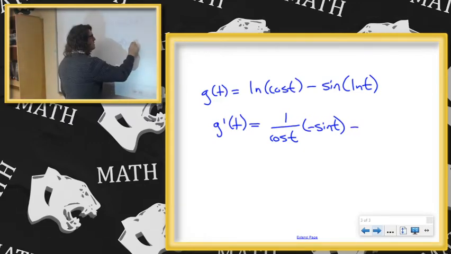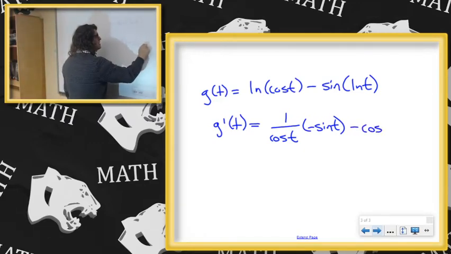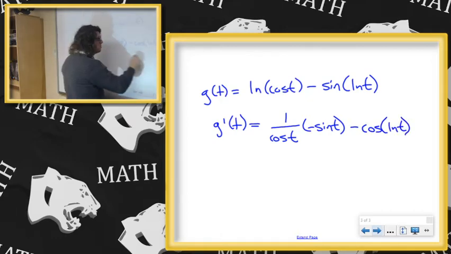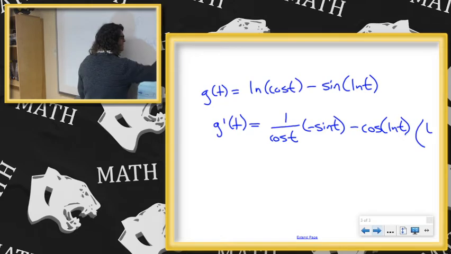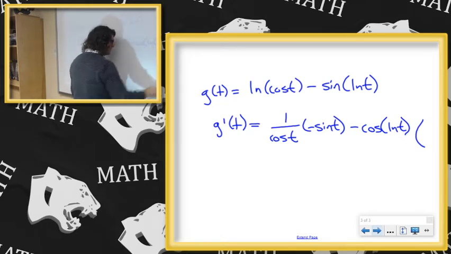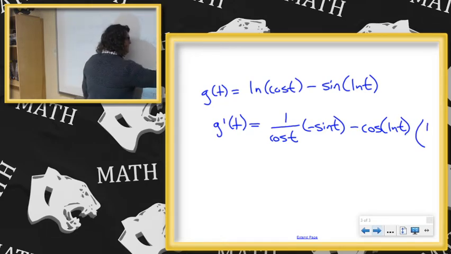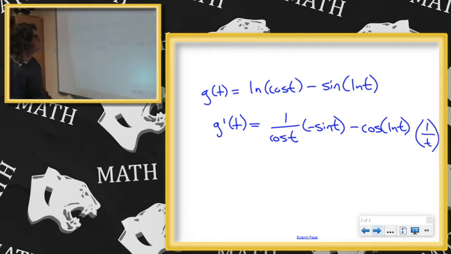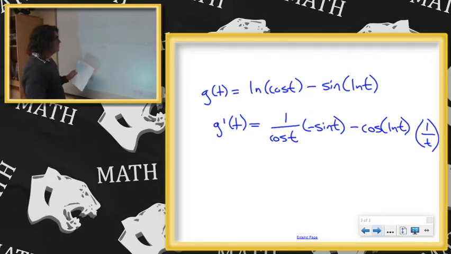And then minus the derivative of sine's cos, leave the inside alone, times the derivative of the inside, which is 1 over t. Again, I could write it as maybe a single fraction there, and that would look nice. But that's all right. We don't have to simplify. So that's all there is to this one. I think it's just a couple of chain rules. Yeah, it's just making sure that that was written down correct originally.